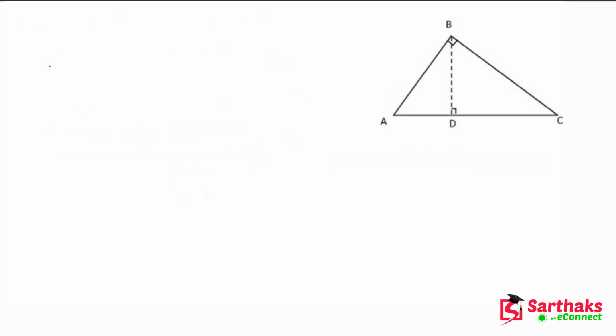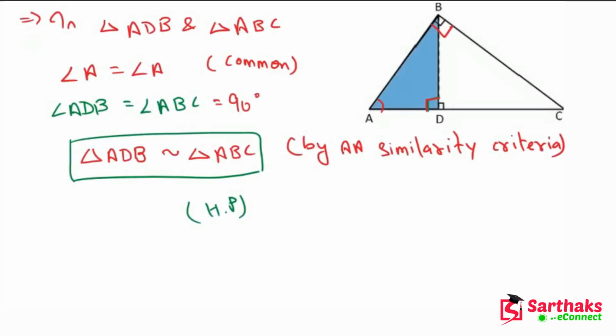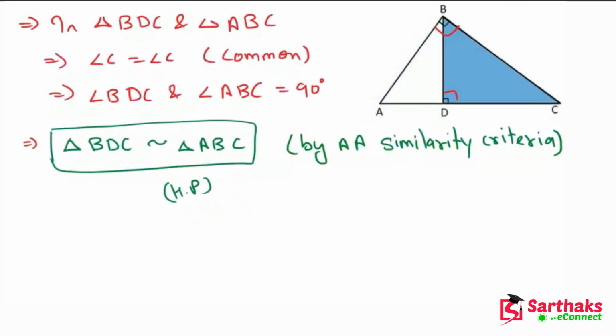Now, my dear friends, in this case, from case 1 and case 2, if we observe, triangle ABC is similar to triangle ADB, and also triangle ABC is similar to triangle BDC.